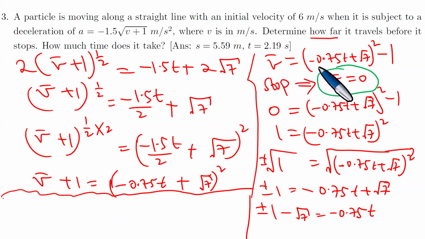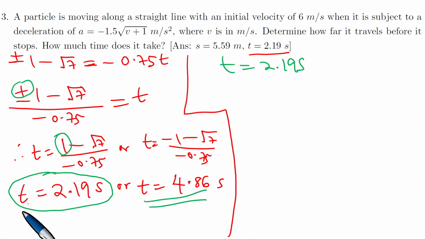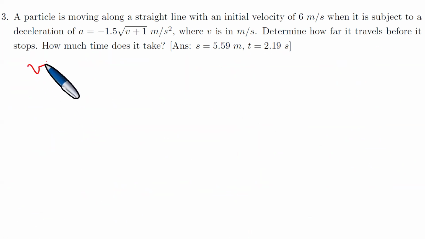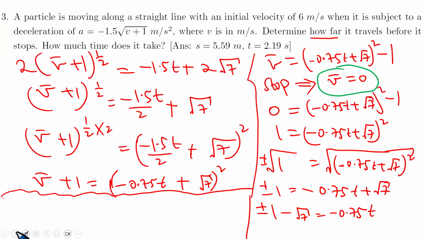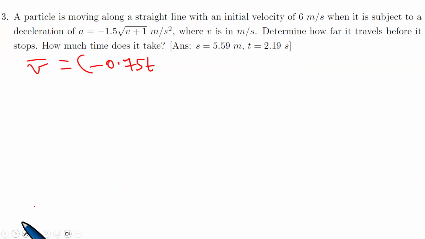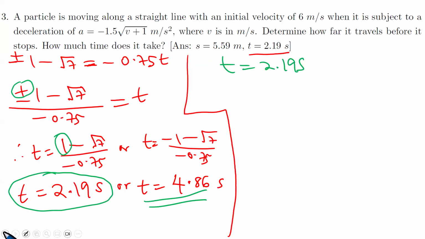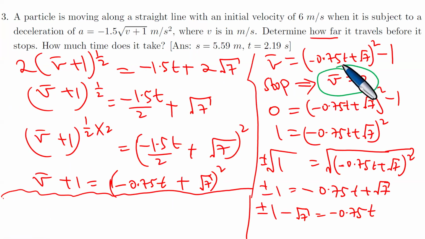V is equal to minus 0.75 t plus the square root of 7 squared minus 1. Okay, we are taking it from here. Like this: minus 0.75 t plus the square root of 7 squared minus 1.